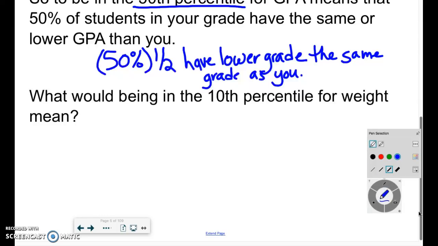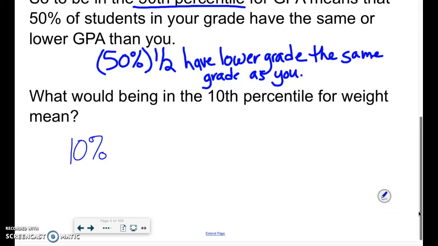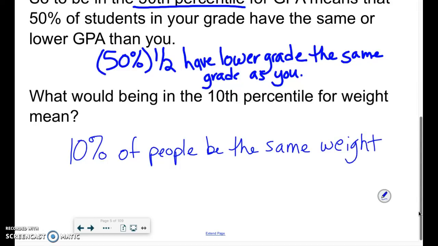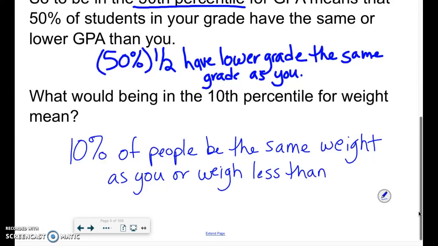All right, if I am in the 10th percentile, that means 10% of the population who had their weights measured are the same weight as I am or way less. So, you're on the skinny side.